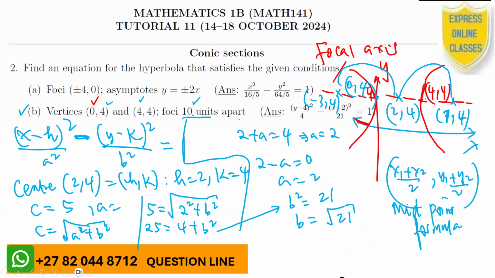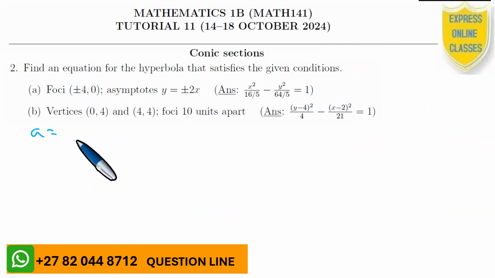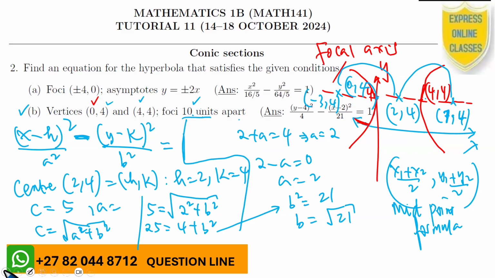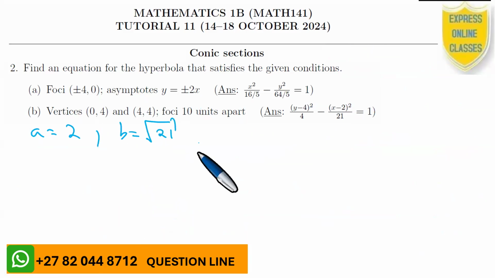So we got the A and the B and everything. A is 2, B is the square root of 21, and C is 5.